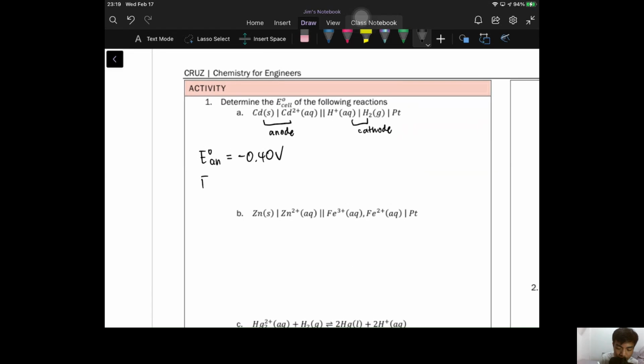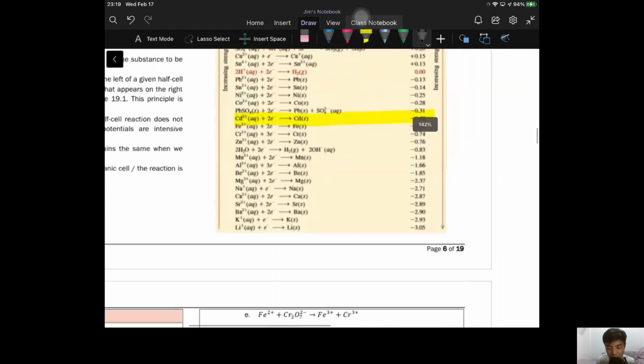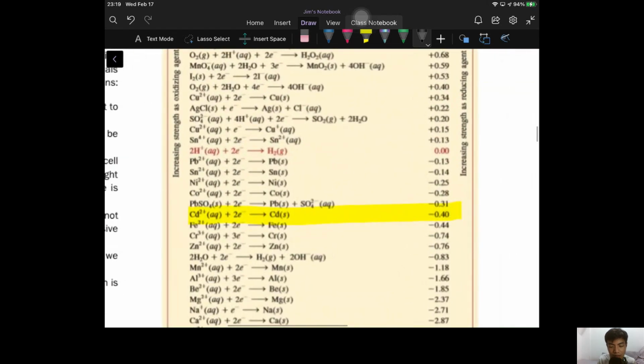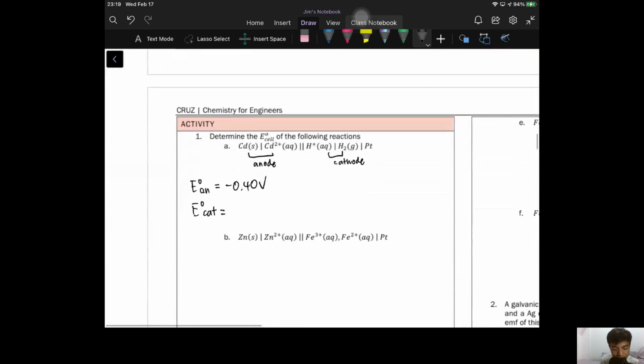Ang cathode ay H+, H2. Hanapin mo yung H+, H2. Madali lang. Siya yung naka-red. Siya kasi yung standard, no? Lahat ng values sa kanya binase, no? So, siya yung 0. Okay, so, 0 volts yan.